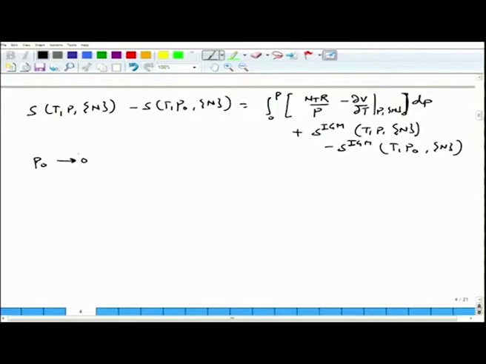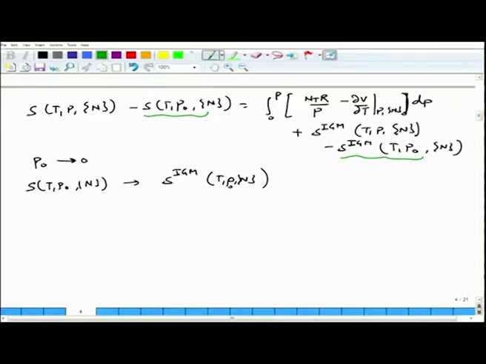Okay. So, in this case, of course, the ideal gas mixture at pressure P0 should behave as an ideal gas mixture. So, S(T, P0, n) is nothing but S IGM at T, P0, n. So, it is basically the entropy of the ideal gas mixture. Then of course, these two terms should cancel each other because they are the same term, since this will behave like an ideal gas at P0 tending towards 0.